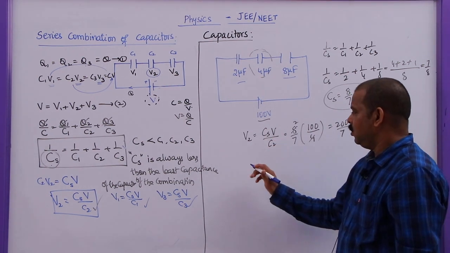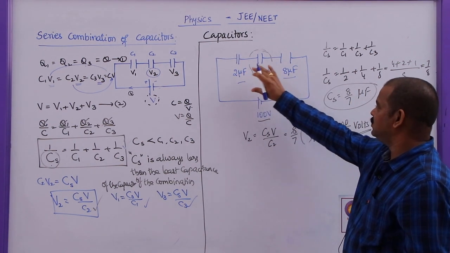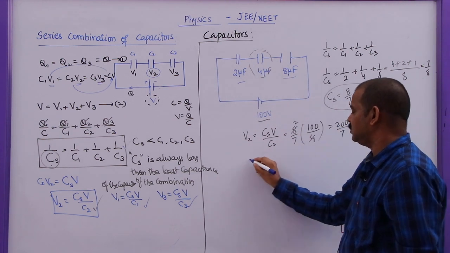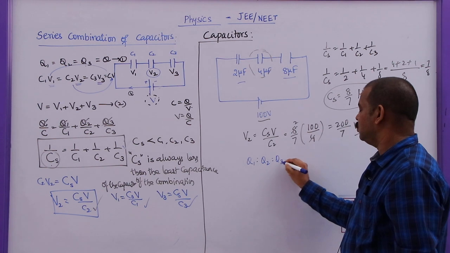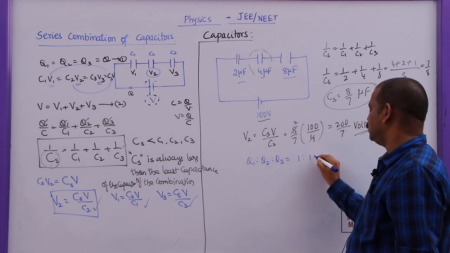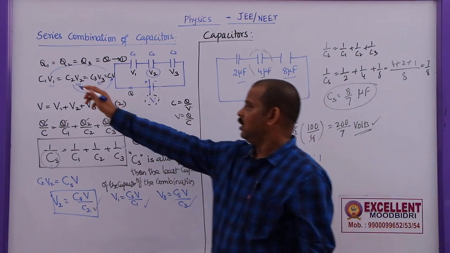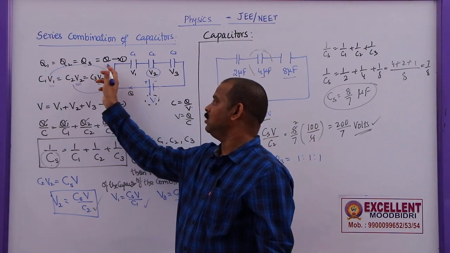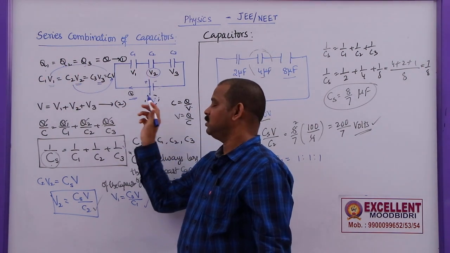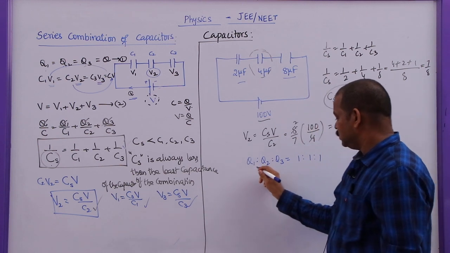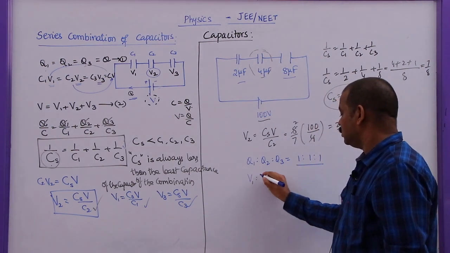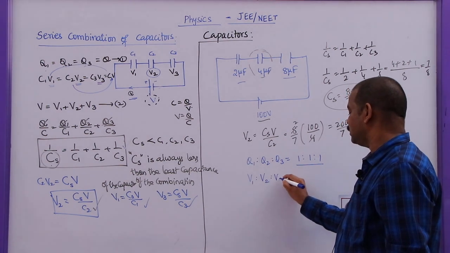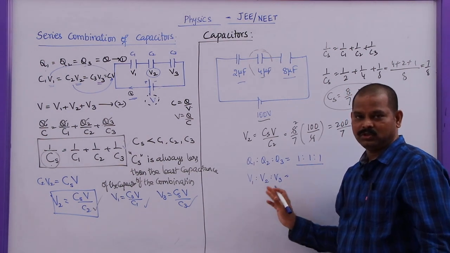So, here what is the ratio of the charges through these 3 capacitors? That is Q1 is to Q2 is to Q3, which is equal to 1 is to 1 is to 1. Why? Because the charge flowing through all these capacitors is equal to the charge that is coming from the battery. So, this will be 1:1:1. What is the ratio between the potential drop across the three capacitors, that is V1:V2:V3?